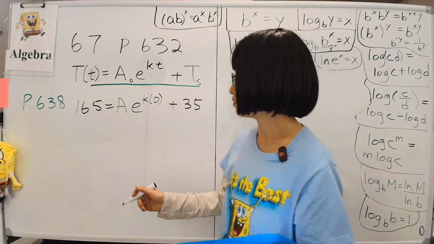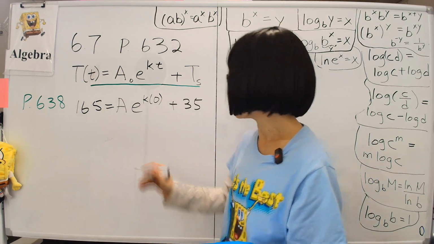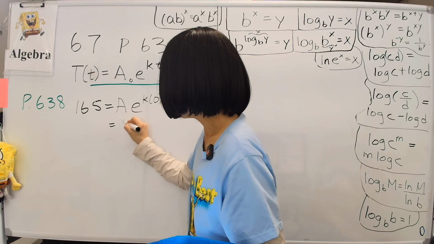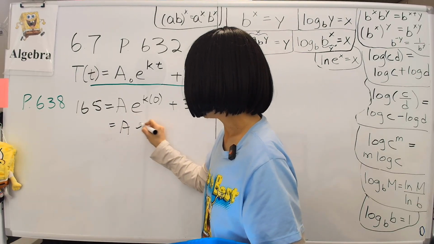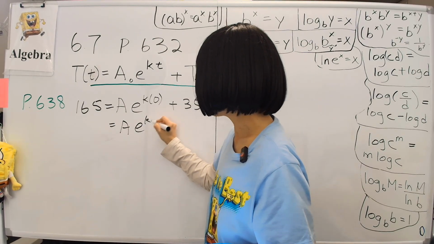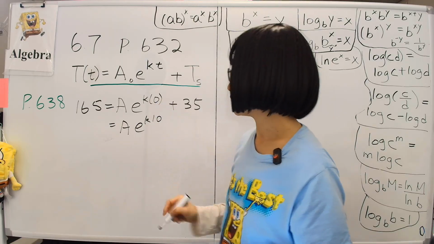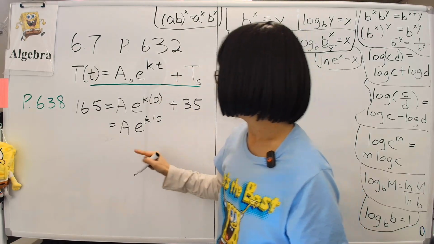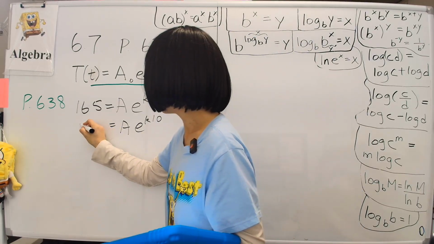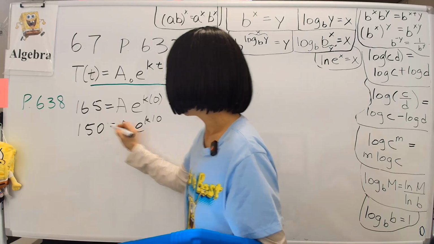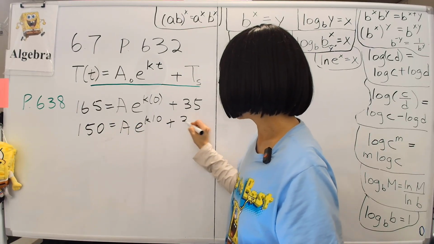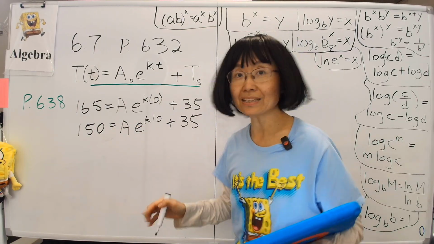And the next piece of information is that after 10 minutes, we'll have A e to the k times 10. This number here is the time, right? And that equals 150, since it went down to 150. And the surrounding temperature hasn't changed. They're kidding themselves.